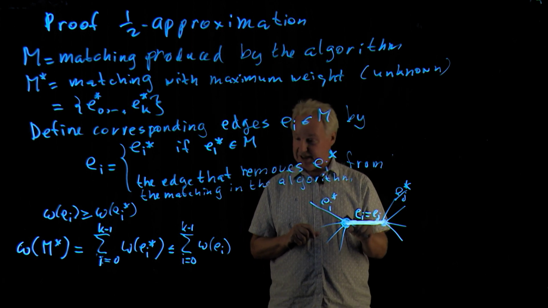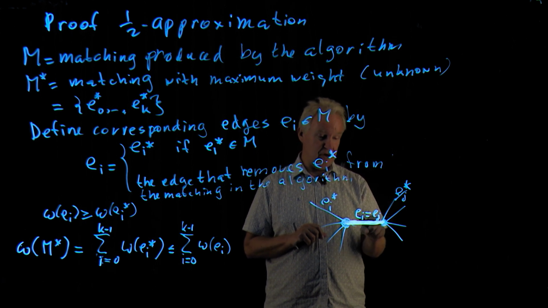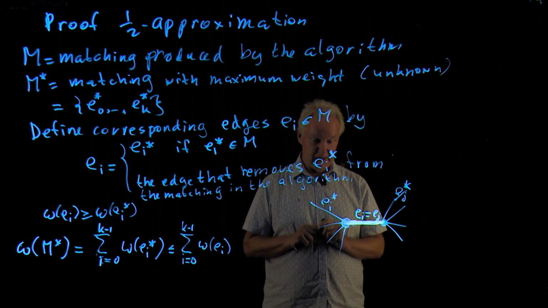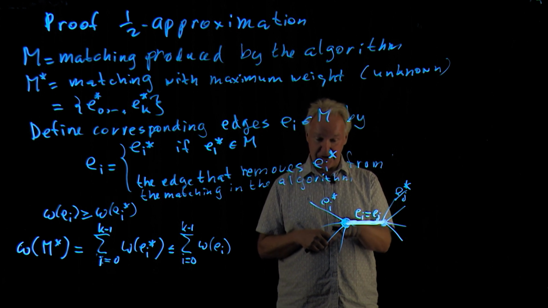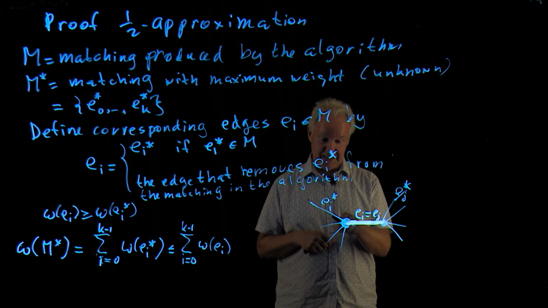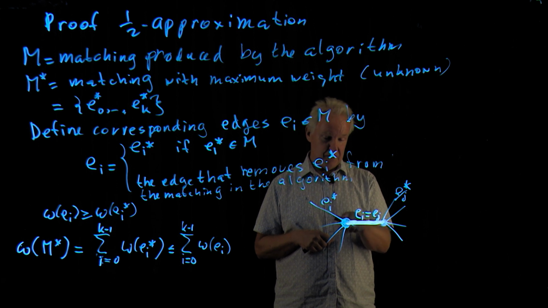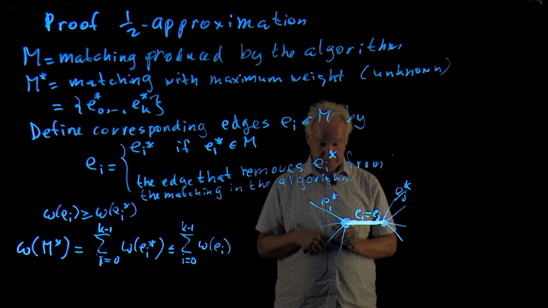So you can see that a single edge can remove during the algorithm two edges from the optimal matching, but not more. Why not? In the optimal matching, I can only have one edge on this side, because we cannot have two edges in a matching that share a single vertex. And the same here. So we can have one on this side, one on that side, and that's it.